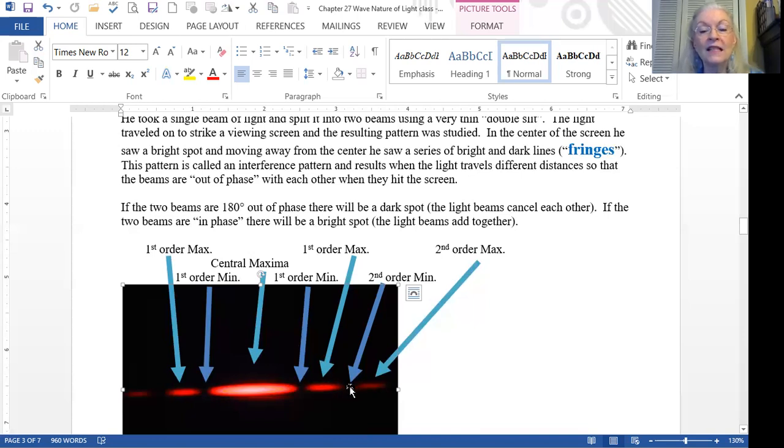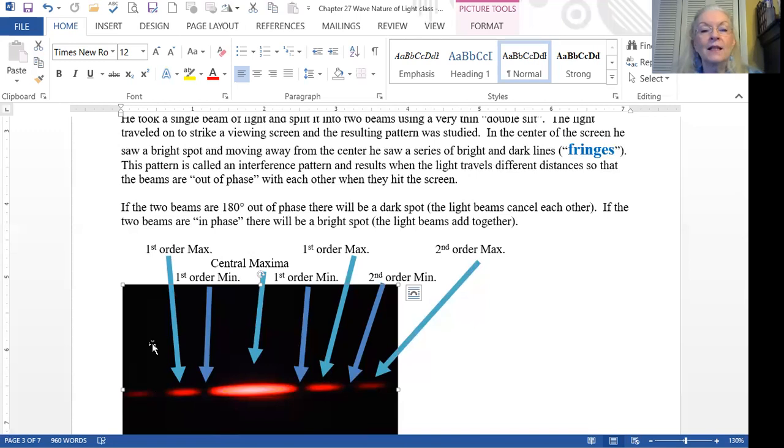Then we move on to second order minima, so a dark spot. And then we'd have second order maxima on either side, and then you'd have third order minima and third order maxima, and it just keeps going out farther and farther.